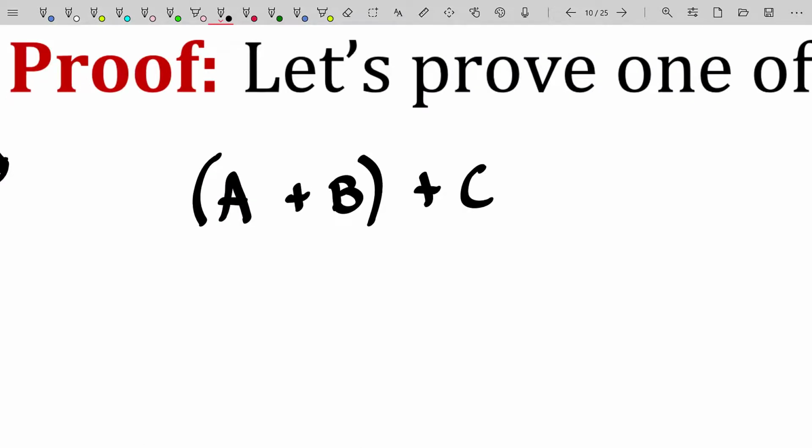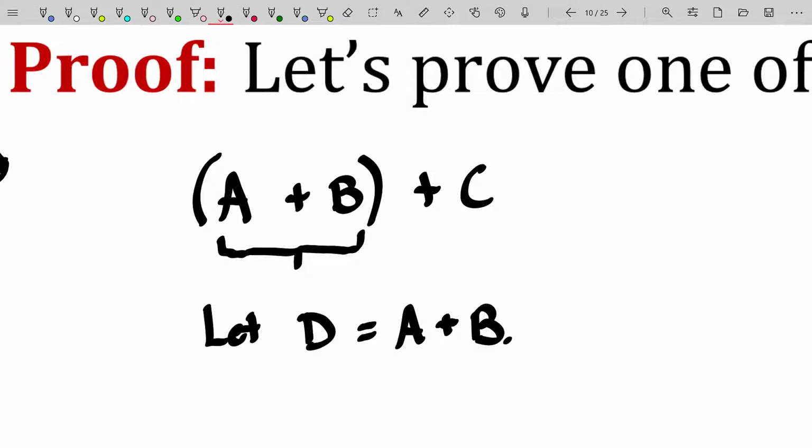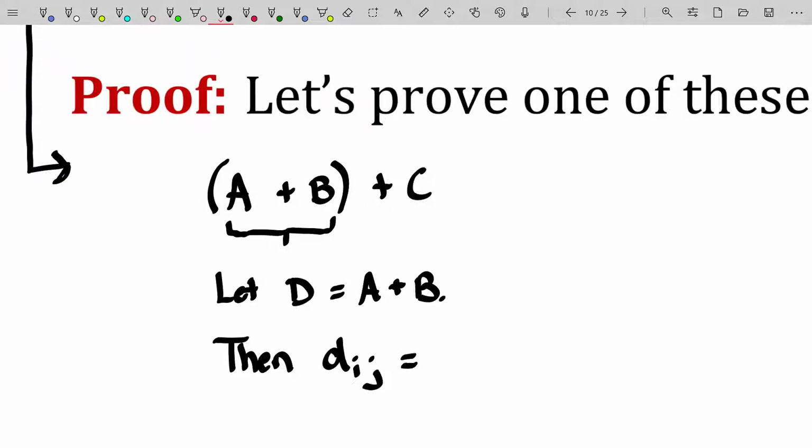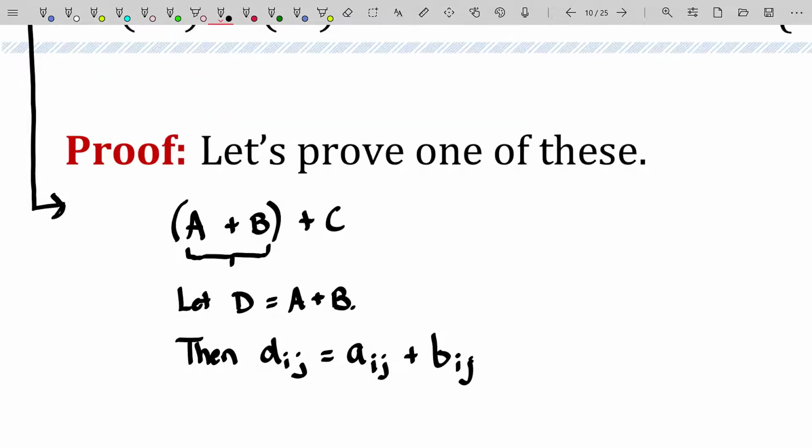I'm going to do something that will seem kind of weird to you. I'm going to let the matrix D equal the sum of the matrices A and B. It just will make sense in a moment. Then the ijth entry in D is, by definition, the sum of the ijth entry of A and the ijth entry of B. That's just by the definition that we set forth in this video already.